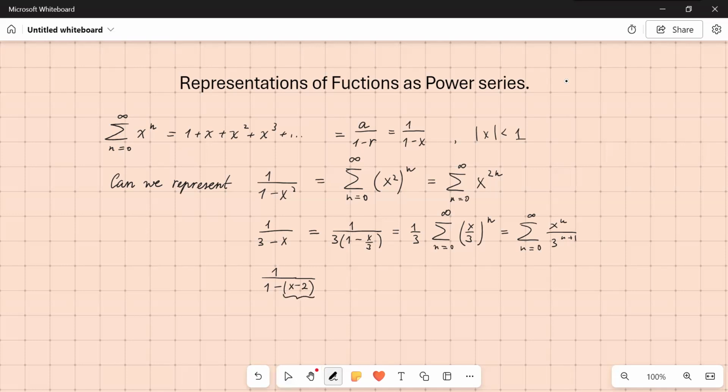So here, instead of x, I will substitute x minus 2, and that's going to look like the sum of (x minus 2) to the power of n, from 0 to infinity. Even easier, right? So what is the difference between these two series? This one is centered at 0. This one is centered at 2, right? The center of this series is 2.